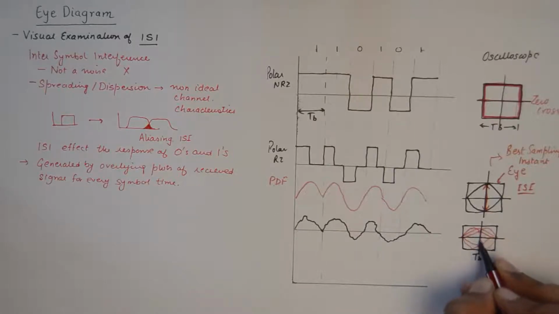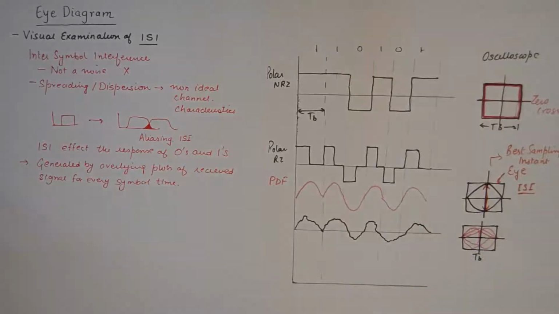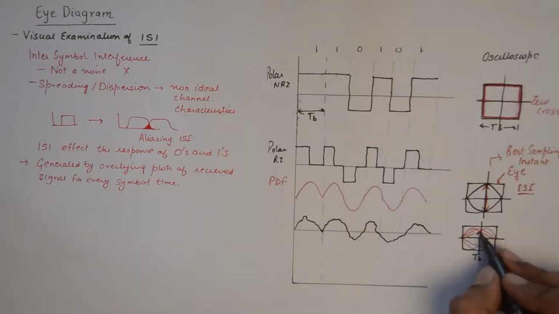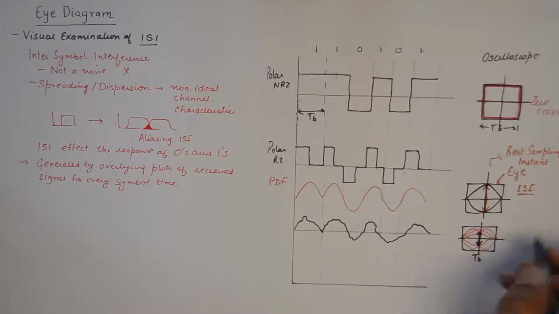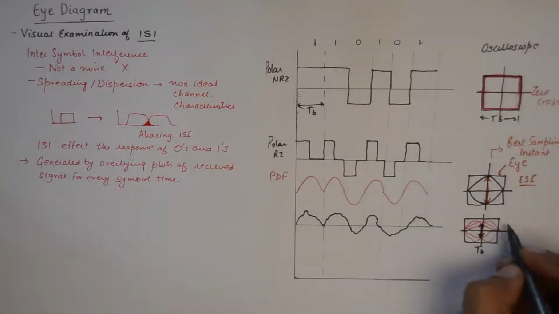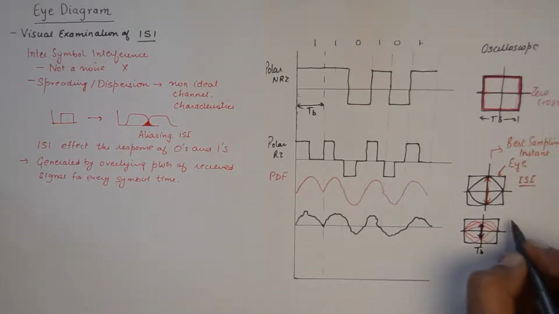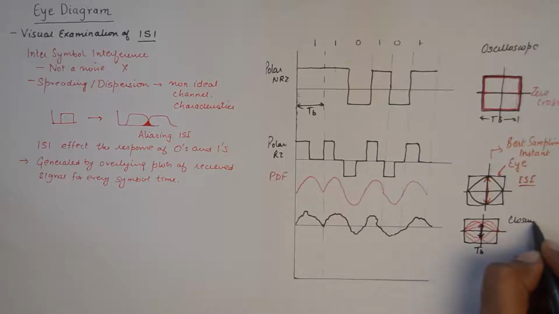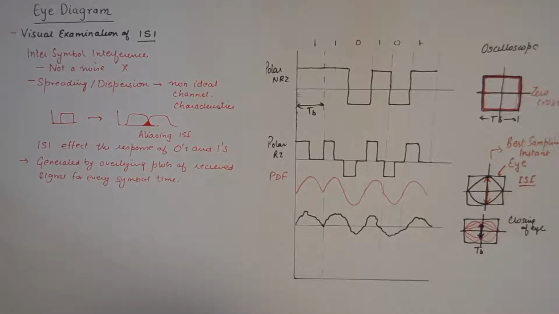Now as you can see, the maximum eye opening, which could be represented by this distance, has lowered in value. So this distance has decreased, resulting in the closing of the eye. So higher the opening, lower is the ISI.